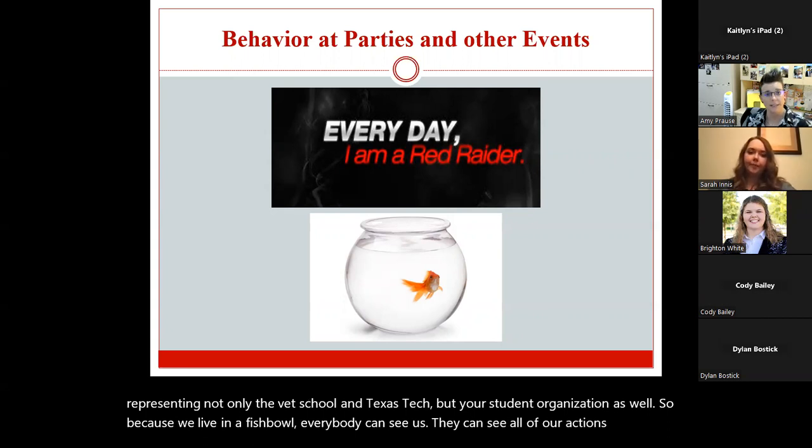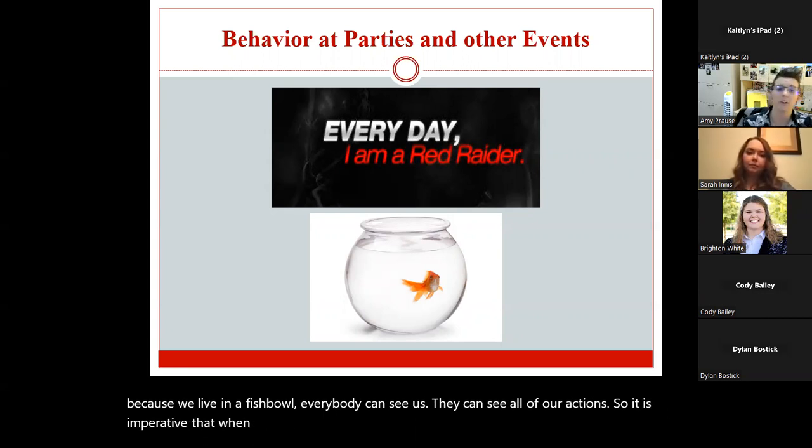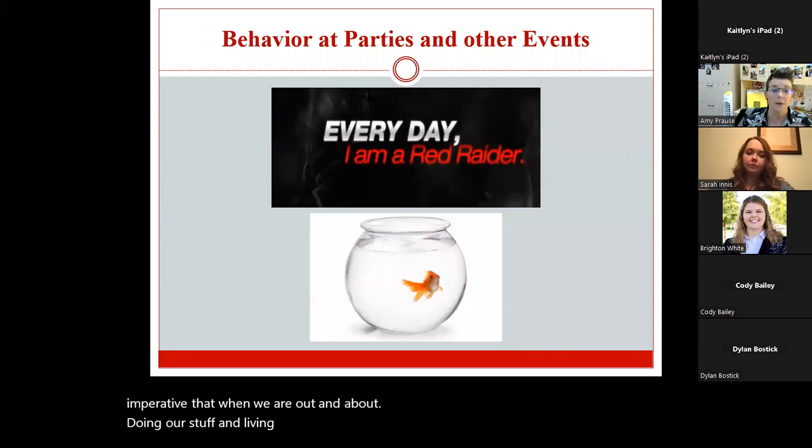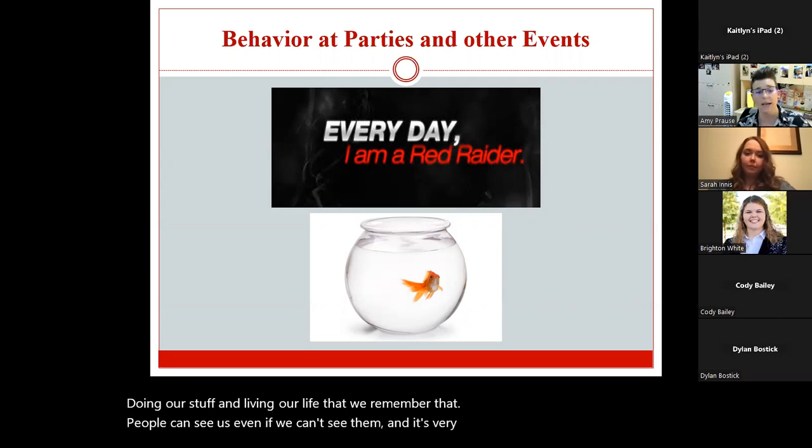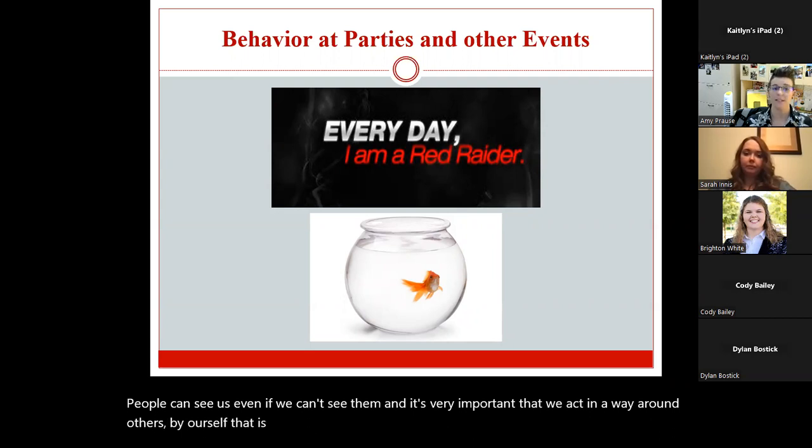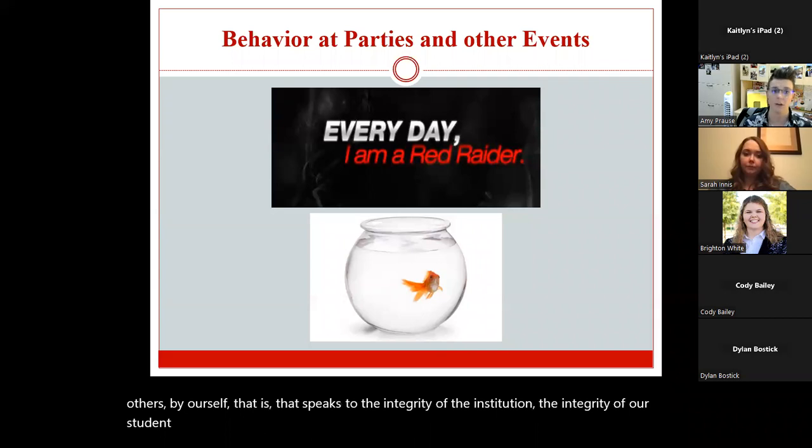So it is imperative that when we are out and about living our life, we remember that people can see us even if we can't see them. It's very important that we act in a way, around others and by ourselves, that speaks to the integrity of the institution, the integrity of our student organizations, and our own self-integrity.